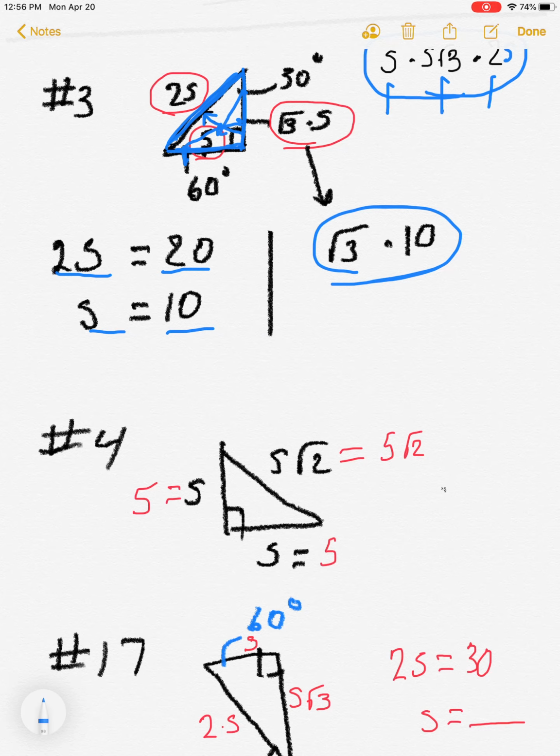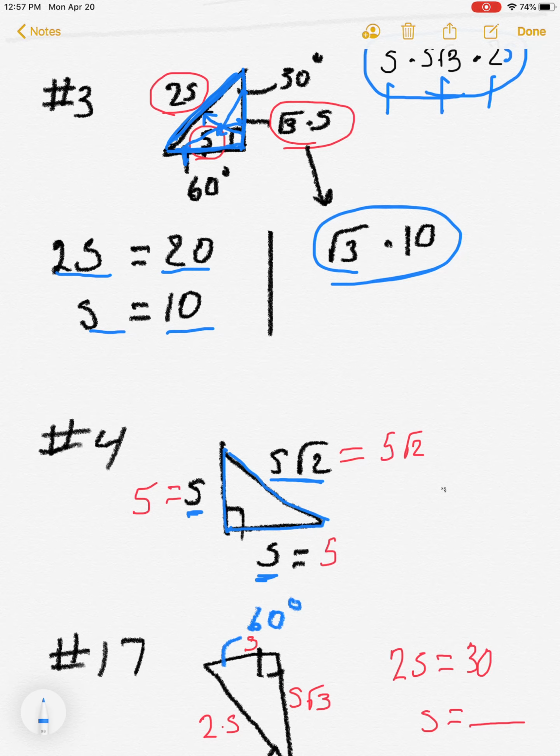45 degree angle. I want to remind you that in a 45 degree triangle, the relationship between the sides is s, s, s root of 2. If the side across from the 45 has a length of s, then the hypotenuse would be that times the root of 2.